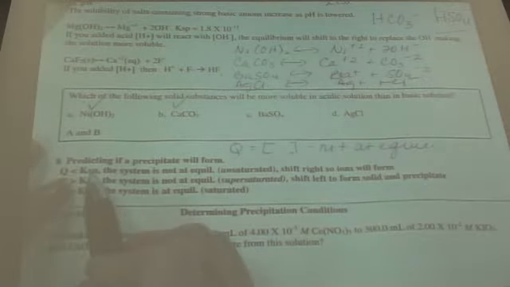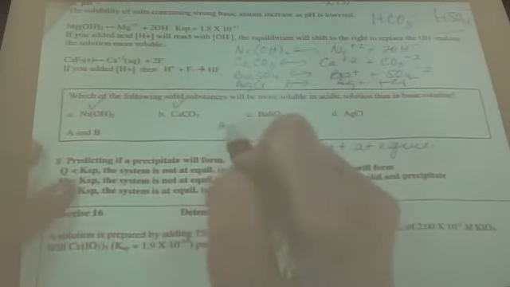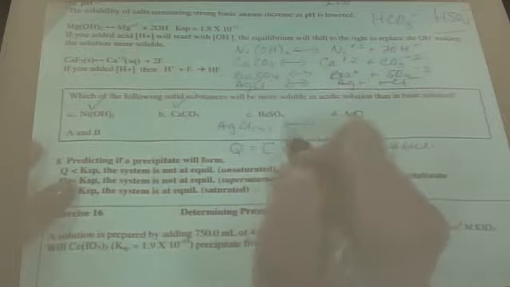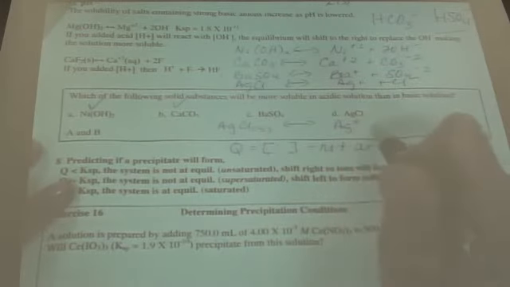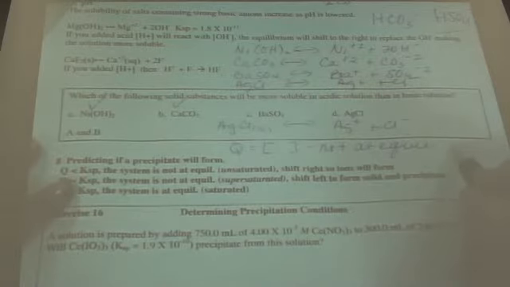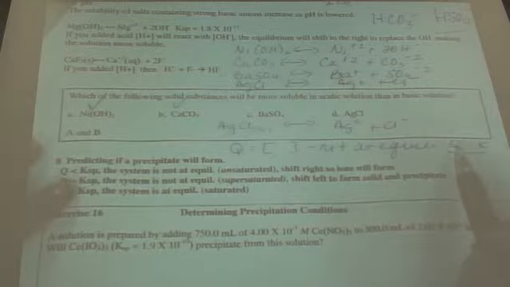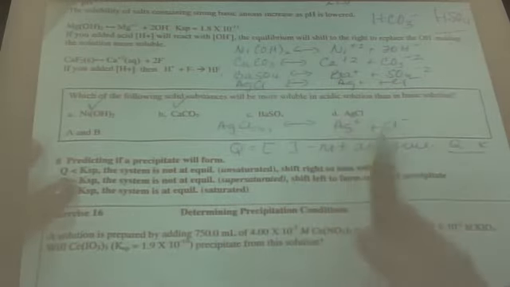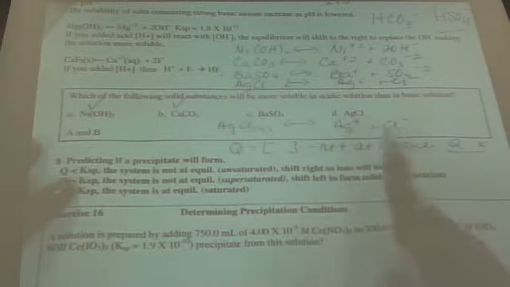If Q is less than KSP, it will shift to the right to form more products. That means that it will dissolve.